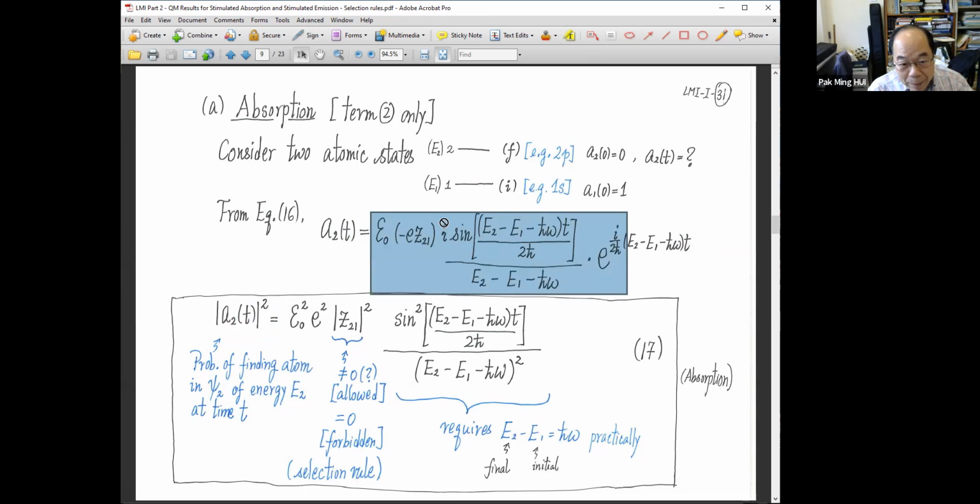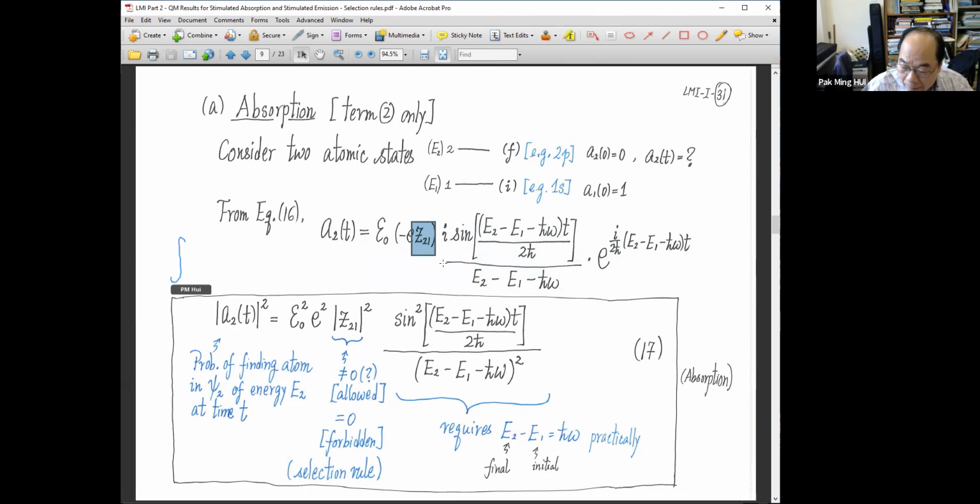We don't need to worry about i anymore, etc. So remember, this is an integral of some final state, z of the electron, initial state. The wave function can be complex, therefore, this z matrix element is in general complex.